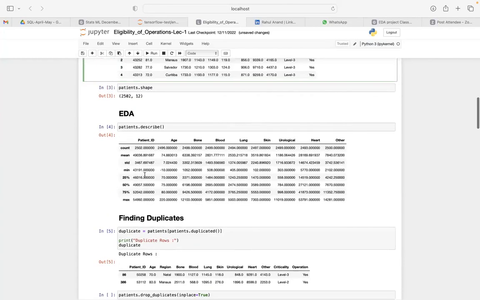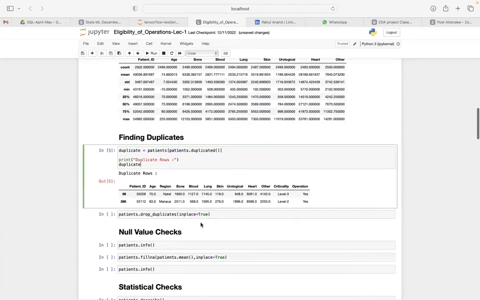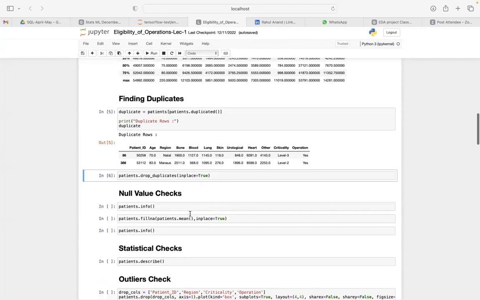When you want to find the duplicates, you just have to write patients.duplicated. It's a callable function, and when you get a printout of it, it will give you the 2 rows in this data which are duplicates. So the next step would be to remove those duplicates. You just have to write drop_duplicates, and inplace equal to True to actually make it happen.